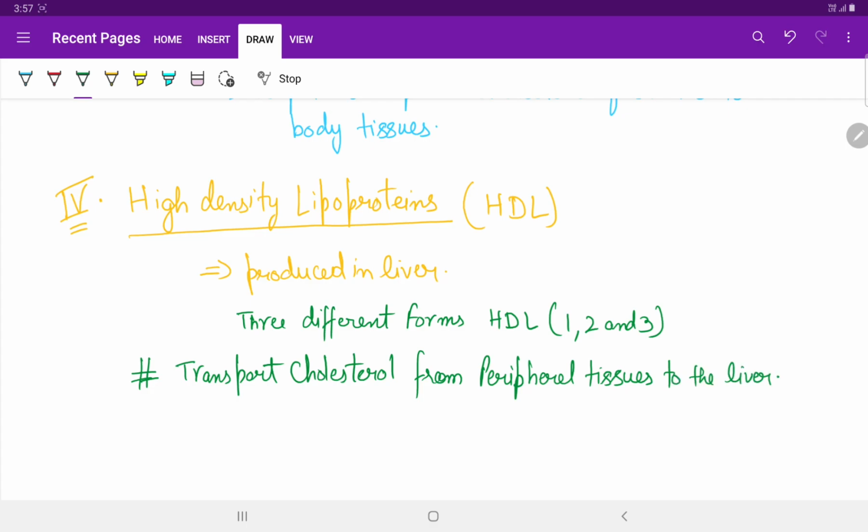Thus they reverse the cholesterol transport and reduce the levels of cholesterol in the bloodstream, thus reducing the risk of atherosclerosis, or deposition of cholesterol in arteries.